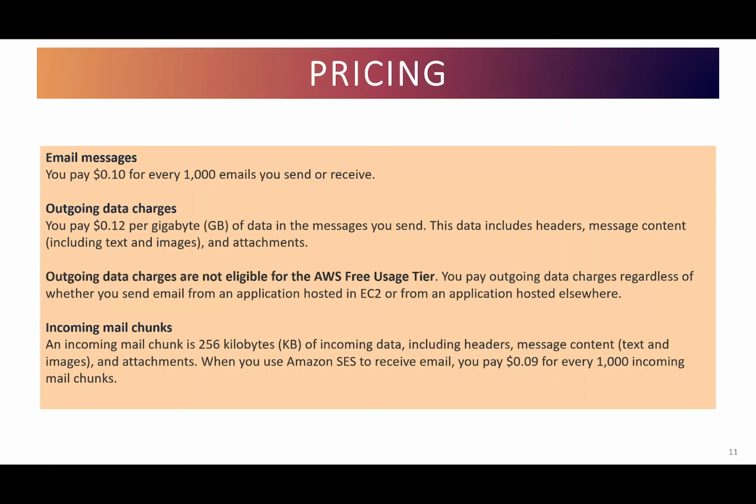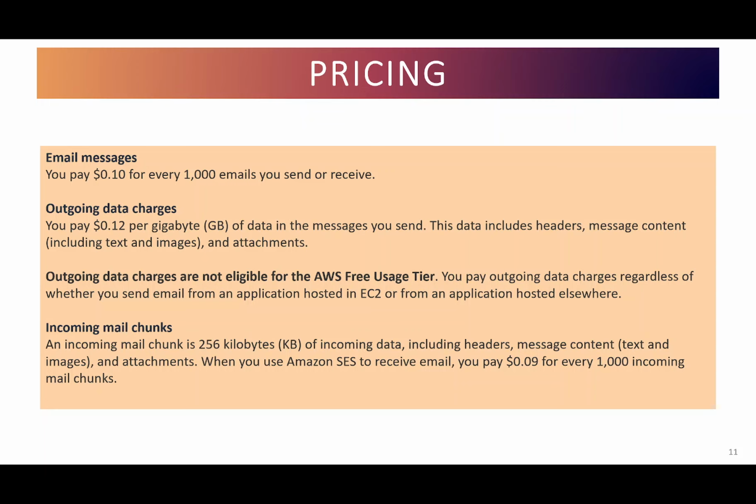Also, the outgoing data charges are not eligible for the AWS free usage tier. Because of that, you pay the outgoing data charges regardless of whether you send email from an application hosted in EC2 or from any application hosted elsewhere.